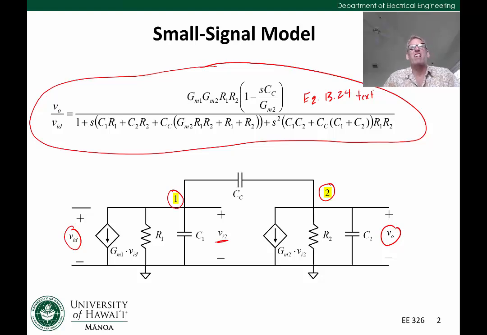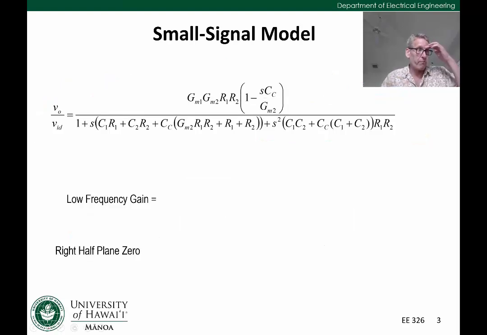The numerator is slightly different, but I just think it's clearer to show it this way. It's really not that much different. And so there's not much intuition in this equation. So to generate intuition, we're going to have to make some approximations based on what we know about frequencies and capacitor sizes and things like that.